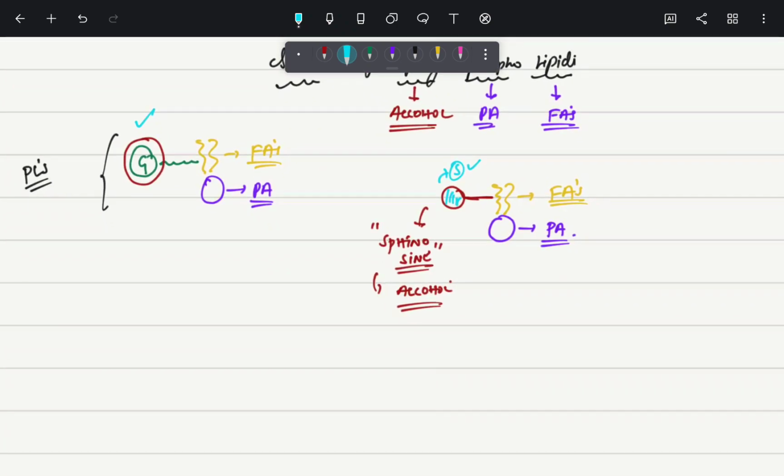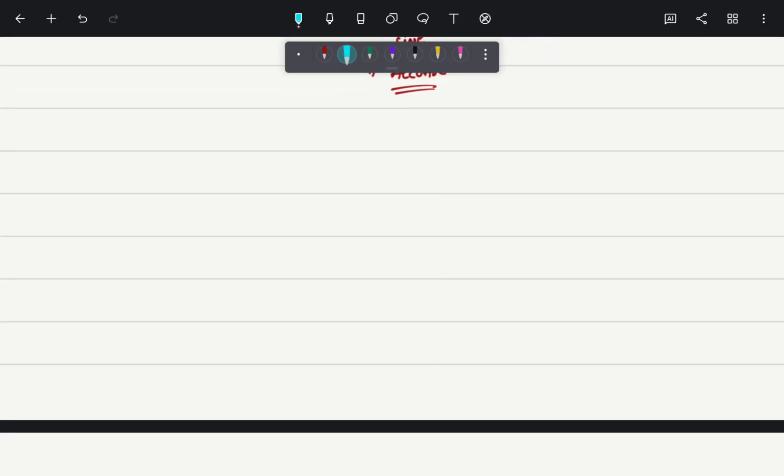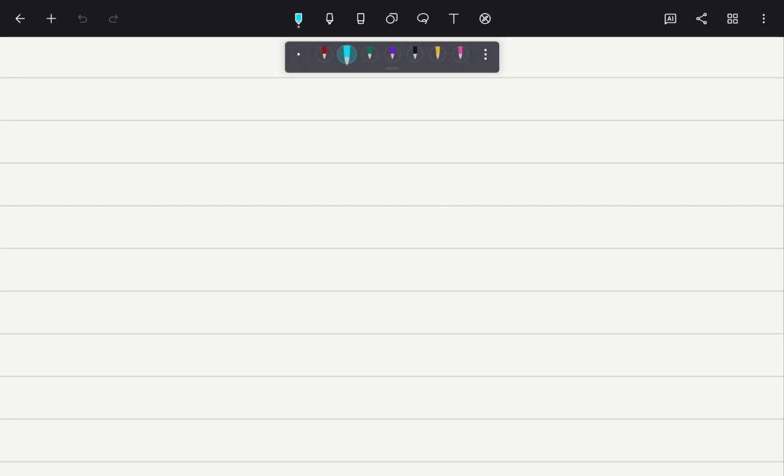Next we are going to see the structure of your sphingolipids. As the name suggests, what is lacking here? Here there is a lack of your phosphate or phosphoric acid. Phosphoric acid is not present.